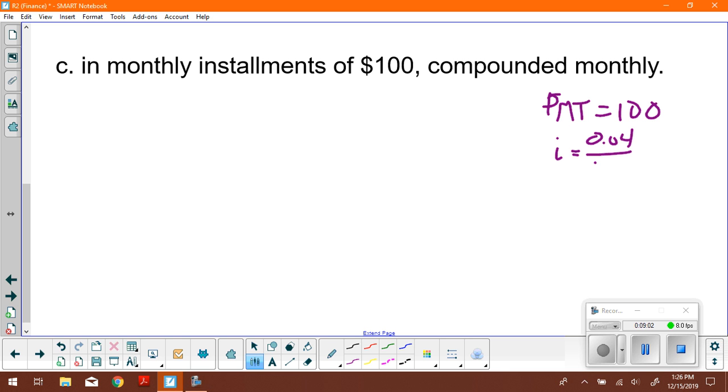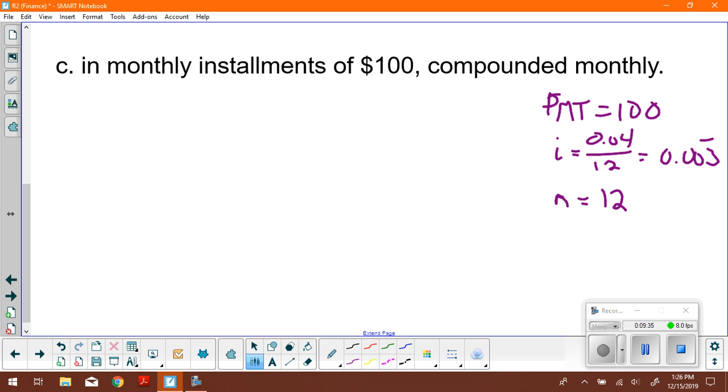Now it's going in monthly, so we have to divide that by 12. So that is 0.003 repeating. And for N, if I break this up into monthly installments for $1,200, I'm going to have 12 of those. It's going to be for 1 year if we do it this way.